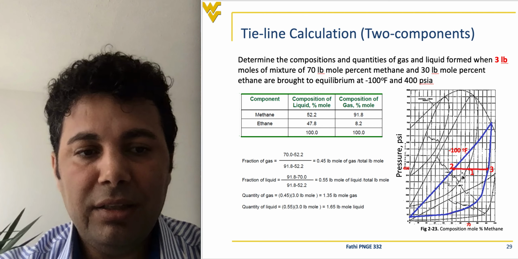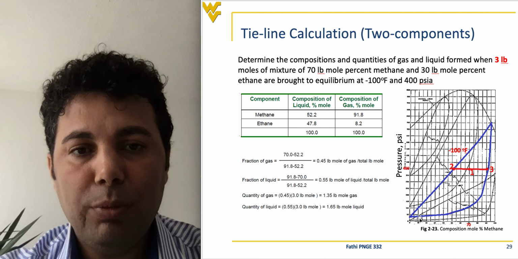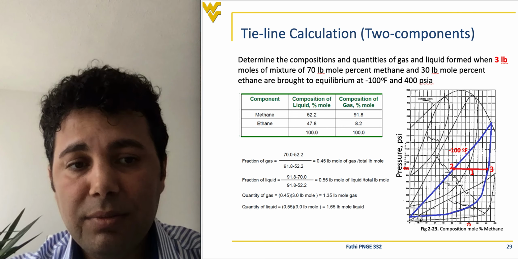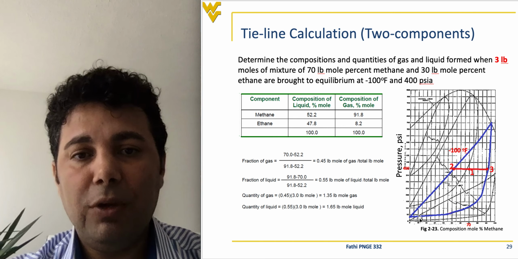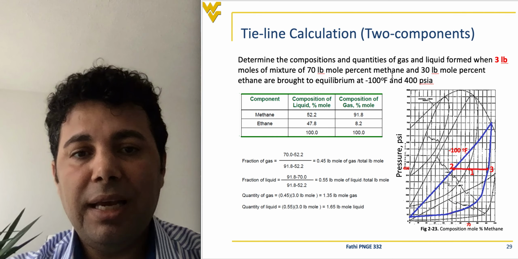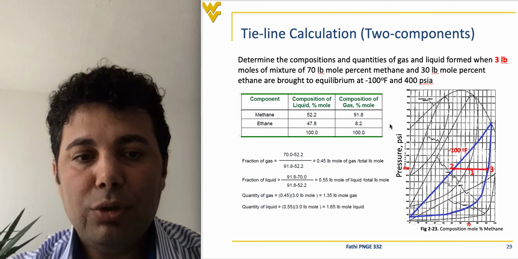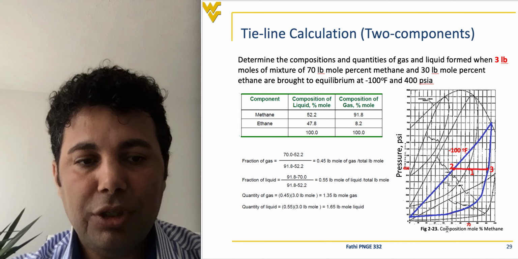Now that I have identified my phase envelope, I need to see where my mixture is in this envelope. The question says you have 70 pound-mole percent of methane. So this is pressure versus methane composition. I go to the x-axis and I find 70% and I draw a line.